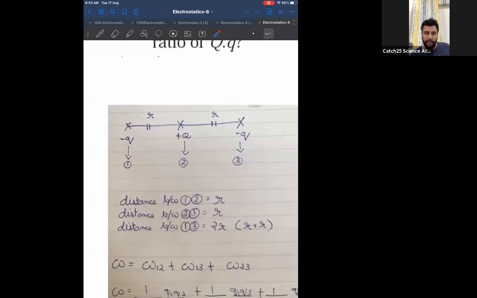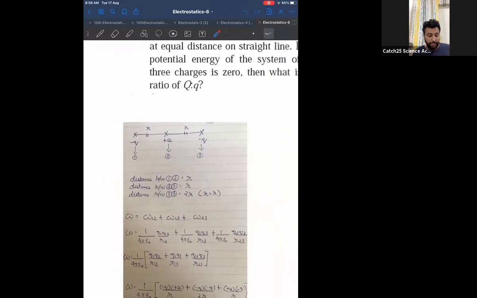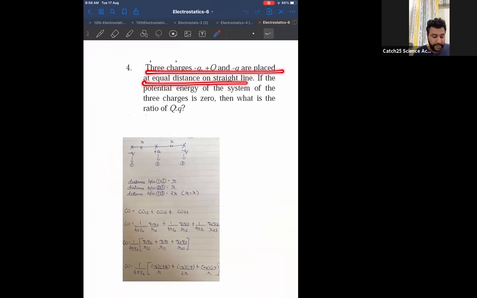The distance between charge 1 and 2 will be r, the distance between charge 2 and 3 will be r, and the distance between charge 1 and 3 will be 2r. Tell me, did you understand this diagram from the first sentence of the question? They have not given the diagram, but from the first sentence, three charges placed at equal distances, I got this on my own. Correct? Continue.